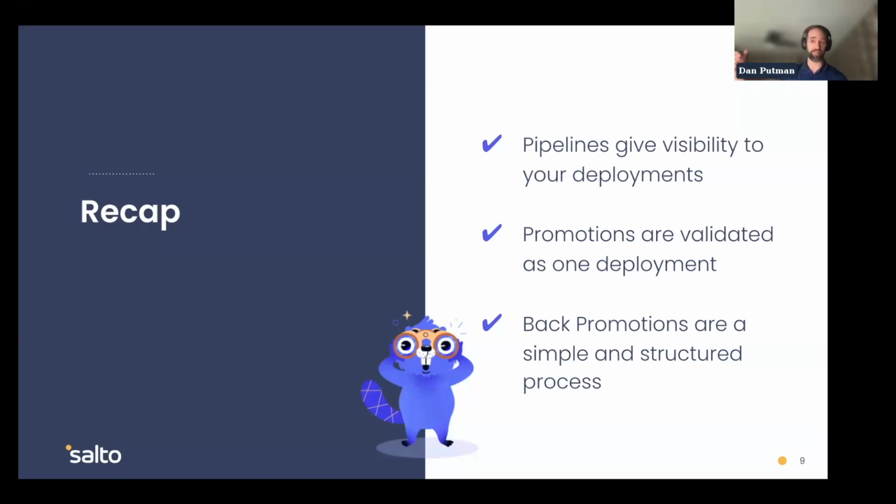So you can be confident it's going to work when it promotes. And lastly, back promotions, it's hard to get any simpler than it is in Salto. So we give you that simple, structured process, again, so you can make sure that your lower environments are aligned so that when you push up to upper environments, what you built, what you tested is going to function appropriately.